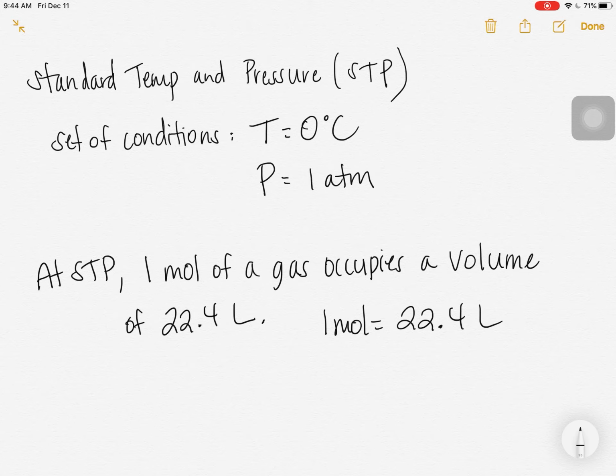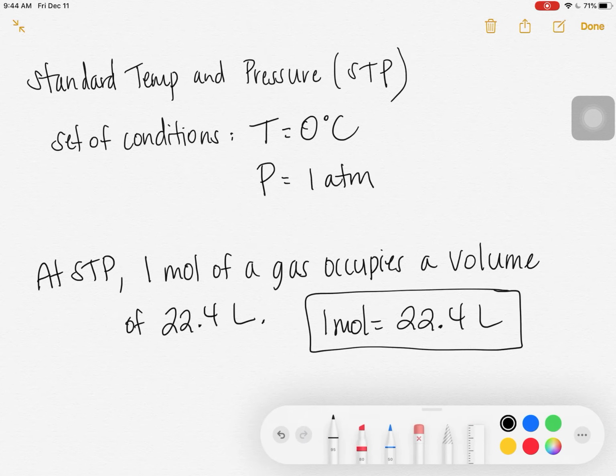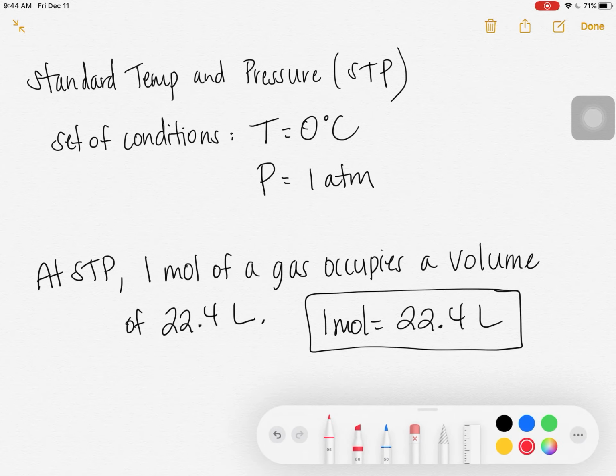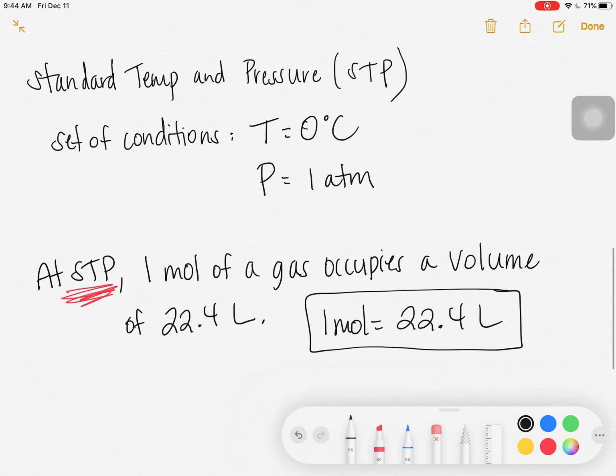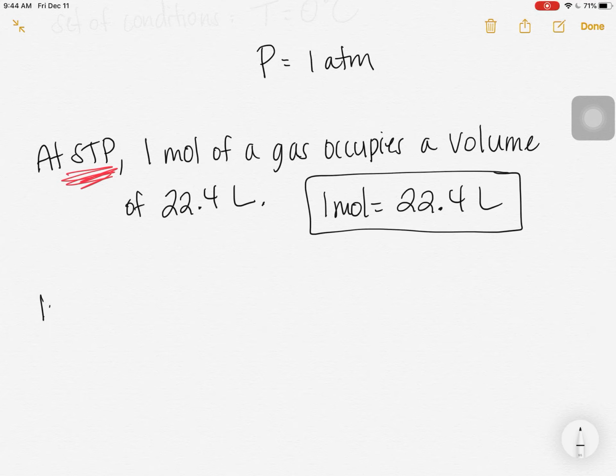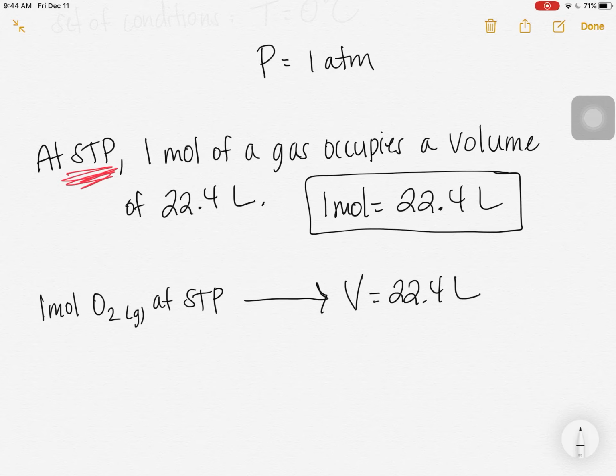So that becomes a conversion factor for gases only at STP. If you were told that you have 1 mole of oxygen at STP, then you know that volume is 22.4 liters. Or if you had 1.6 moles, you could just use that as a conversion factor.